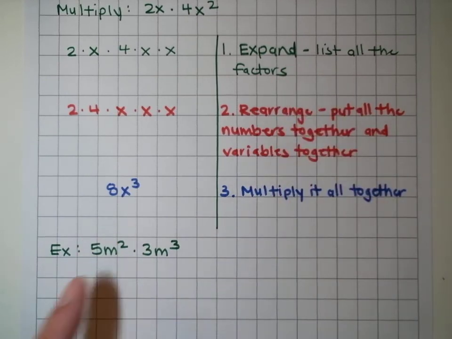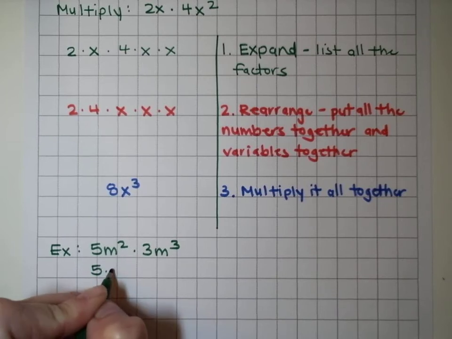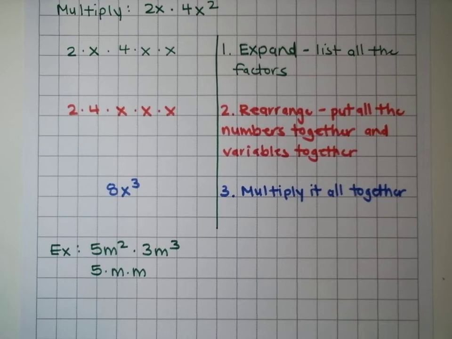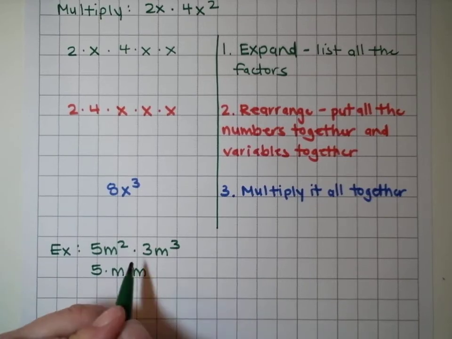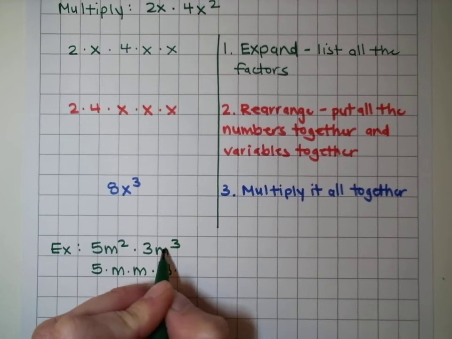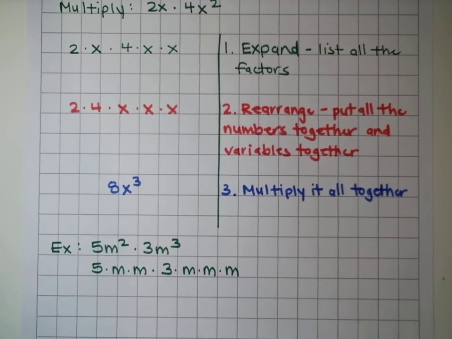So what multiplies to give us 5m squared? That is 5. And m is being multiplied 2 times. So m times m. Then we need to list all the factors for 3m to the third power. So that's 3. And m is being multiplied 3 times. So 1, 2, 3 m's.